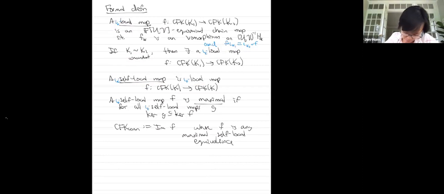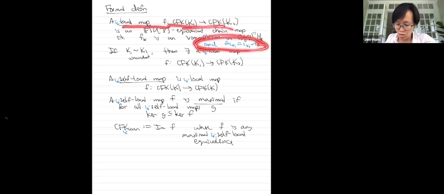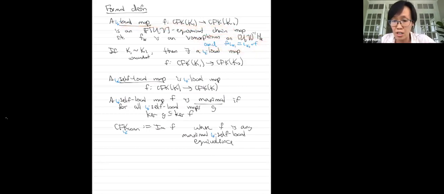And then CFK iota k connected is just the image of any maximal iota k self-local equivalence. Great. So basically the only change in the definition is that we required our map to commute with iota k up to homotopy. And then all the other definitions just follow through as before.